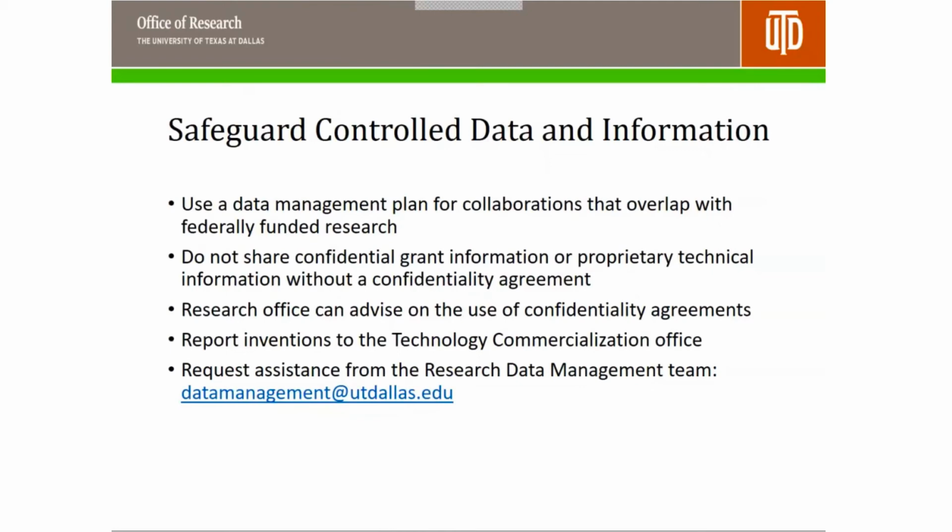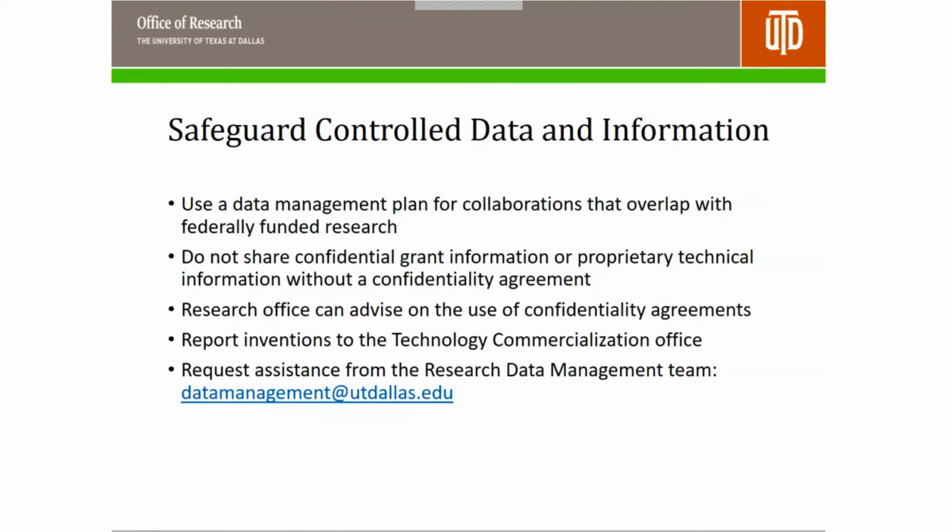Confidential information would be, for example, grant information that you have access to through your university employment, or technical information that you have access to because a company or another institution shared it with us, but that is relevant to the research that you are performing for the funding agency.